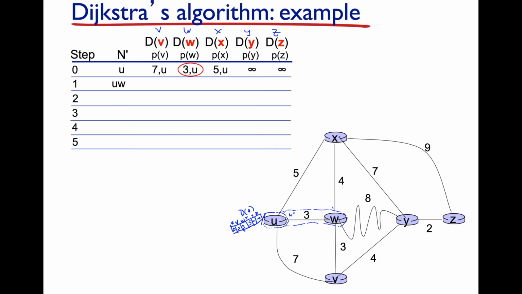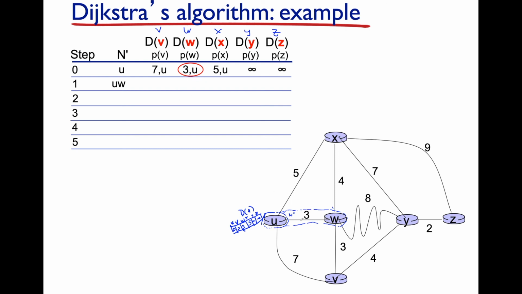So we add up the cost to get from U to V indirectly through W. That's 3 plus 3, that's 6. That's actually cheaper than going directly through this link at a cost of 7. So you're going to change that. It's going to be a cost of 6, and the predecessor to get to V is no longer U. It's now going to be W, going indirectly through W. So it's going to be a cost of 6 going indirectly through W.